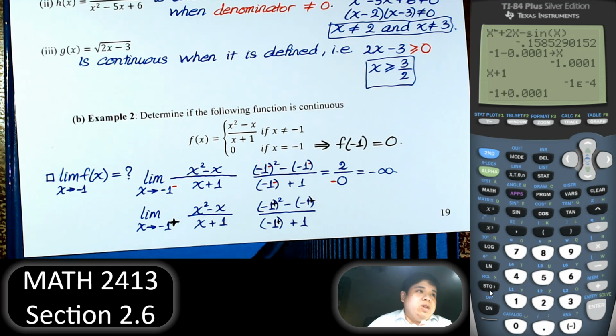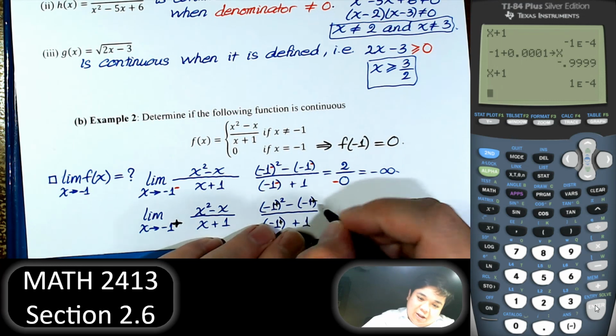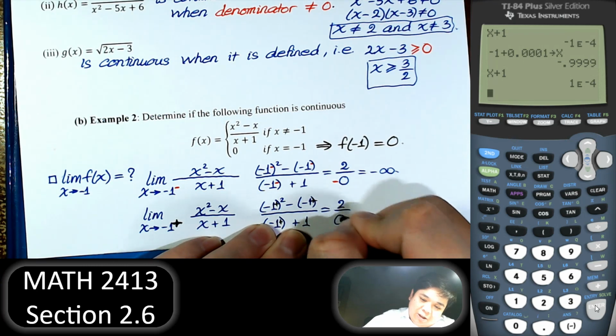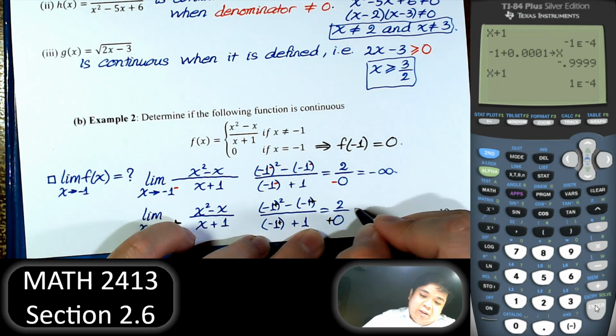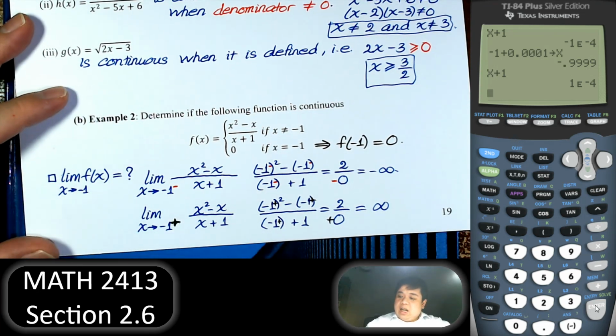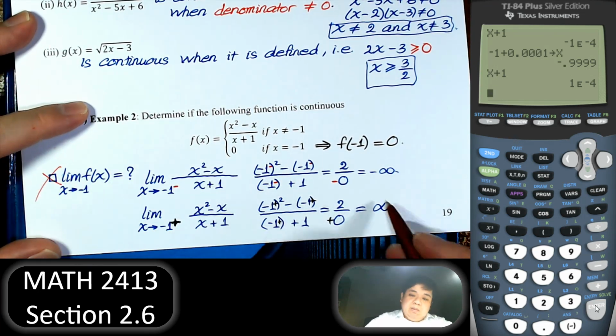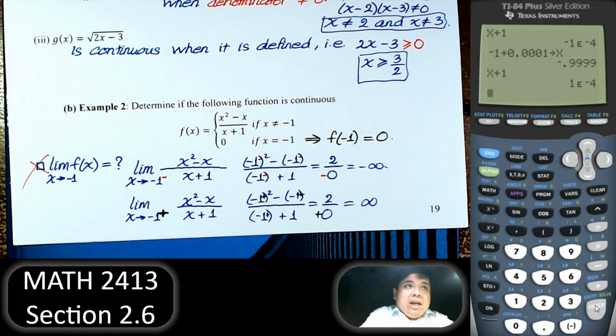If it's on the left, we subtract. Plug into x and evaluate the same thing. So the denominator is positive. Positive divided by positive is positive. So the limit in this case does not exist because the two sides are not the same. So if the limit does not exist, the function is not continuous at that point.